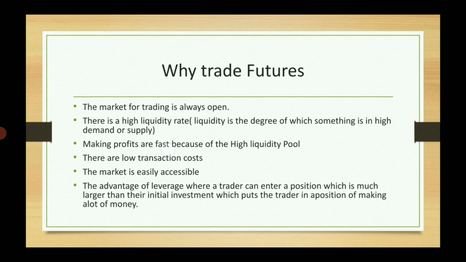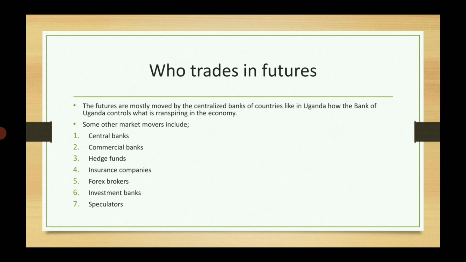So why are we going to trade? Who is trading in these futures? These futures are mainly moved by central banks. Like here in Uganda, we have the Bank of Uganda, which controls what is transpiring in the economy.